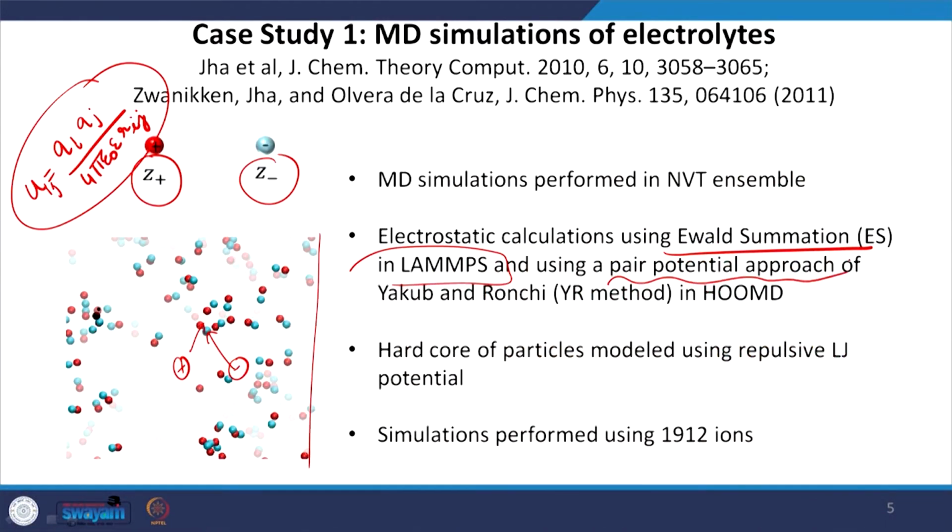So, what we did is we implemented another method that is based on the idea of pair potentials. I will not go into details of the method, you can look at the paper, but the basic idea was something like this. So, the real space part of the Ewald remains as it is, but the Fourier space part was basically averaged along the theta direction. That is, we assumed that that term is somewhat isotropic.